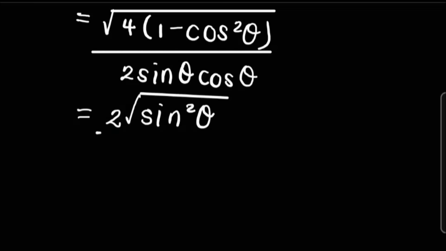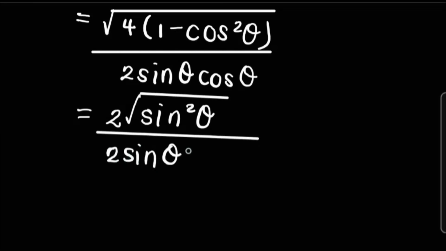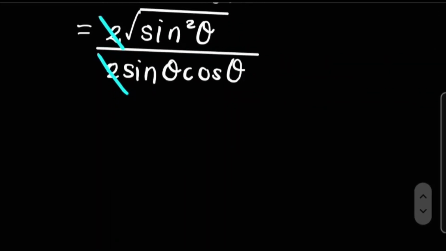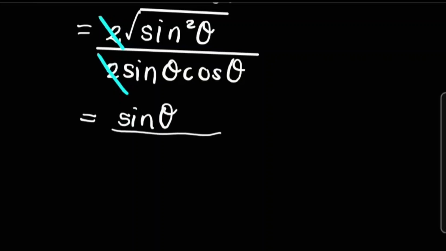So there we have it. And for now, I'm going to keep the denominator as is. Also, immediately what we notice is that both the numerator and denominator contain 2, so they can cancel out with each other. Now that square root that you have at the top is going to cancel out with the square, and we'll be left with sine theta.